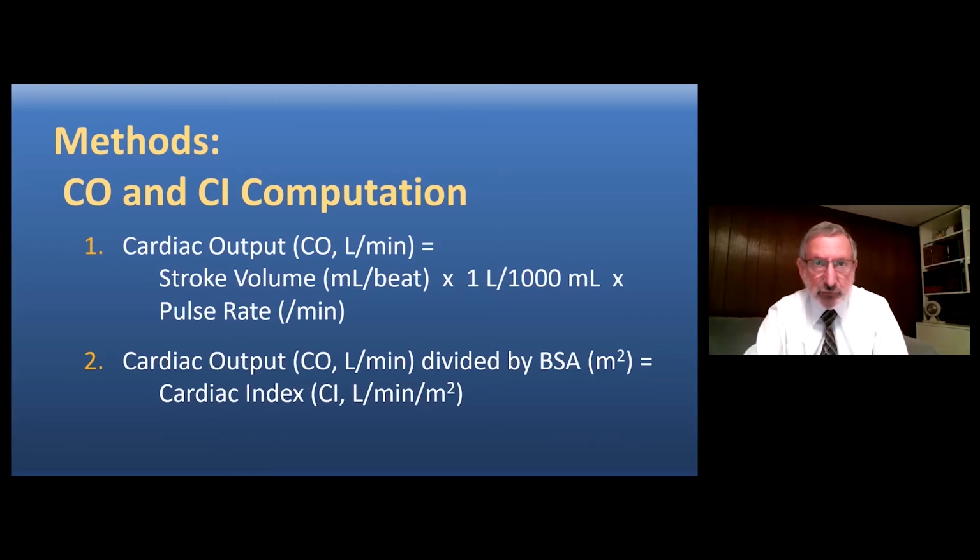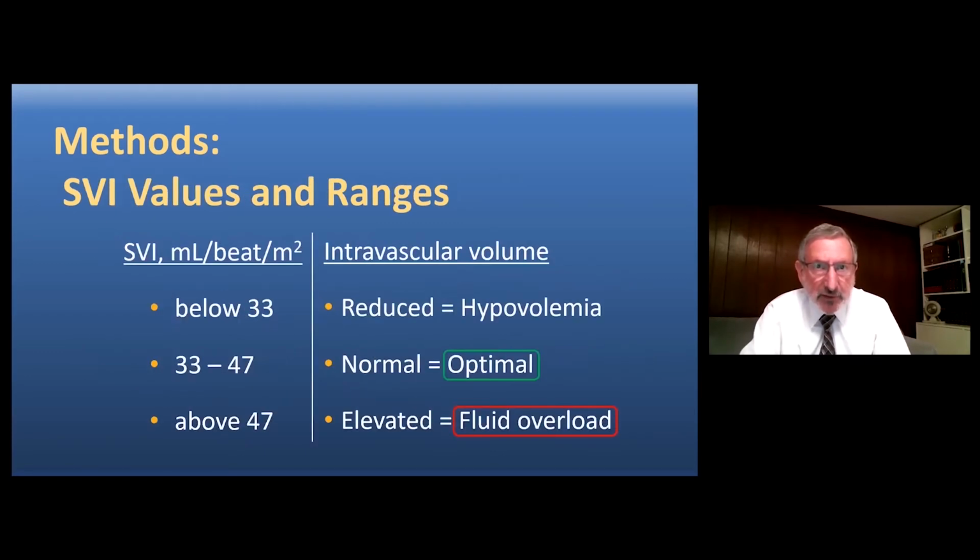So this is just reiterating what Kathy has already said. To go over the numbers for SVI, because I've divided by the body surface area, it's basically dividing by 2 for the average body surface area. So a stroke volume index would be 33 at bottom normal and 47 at top normal.